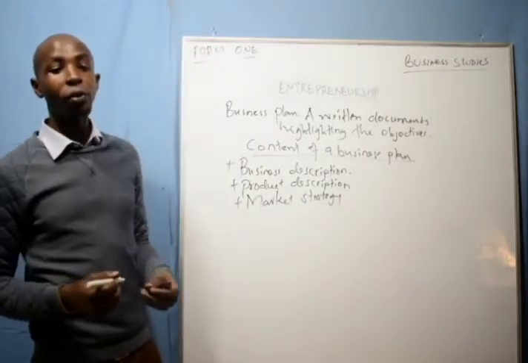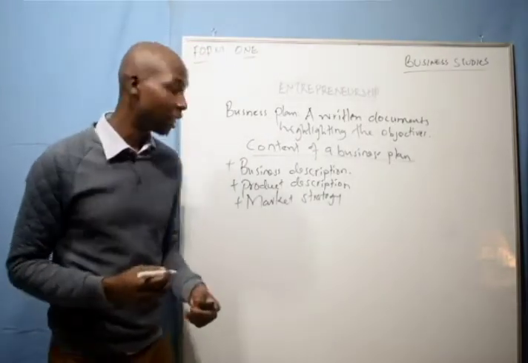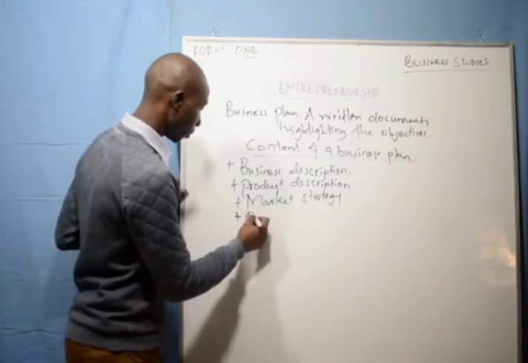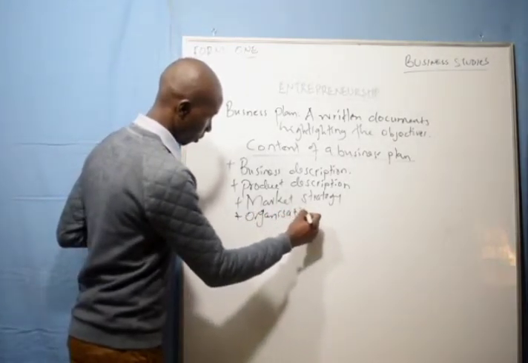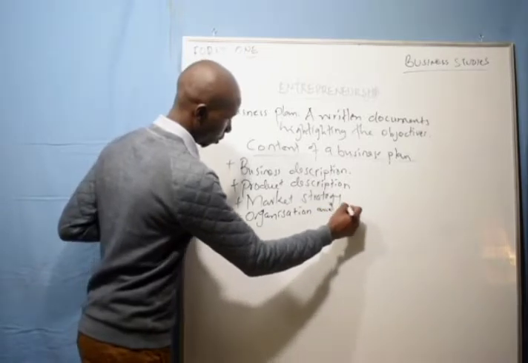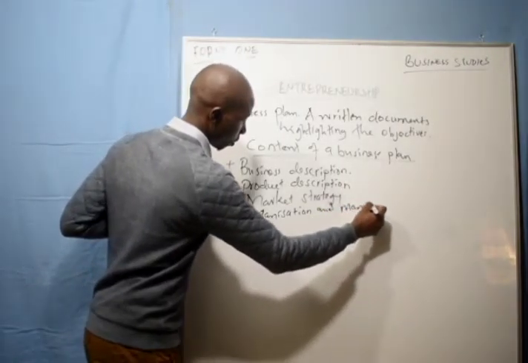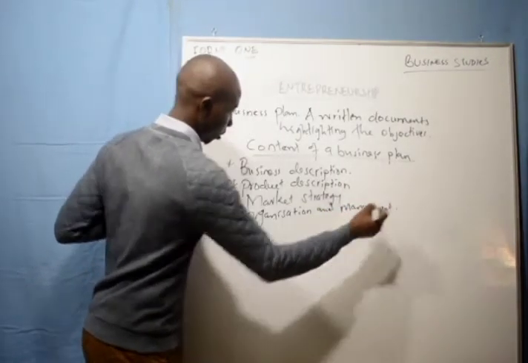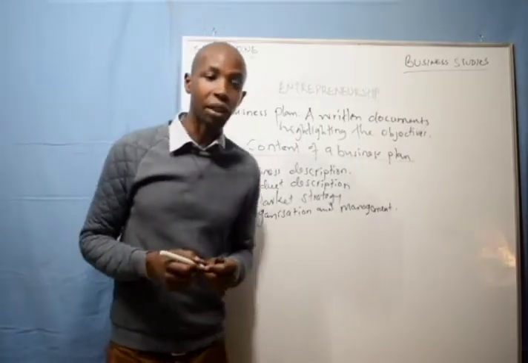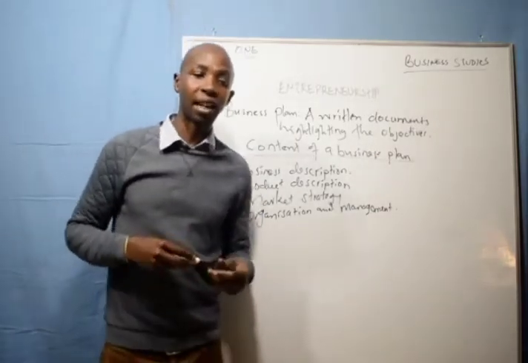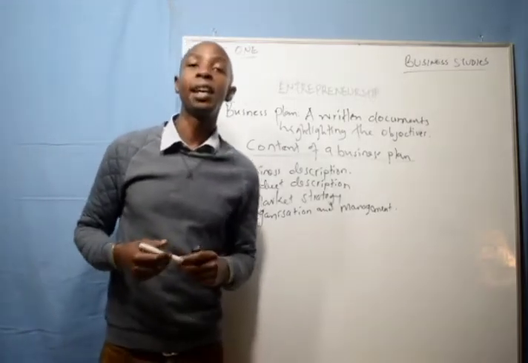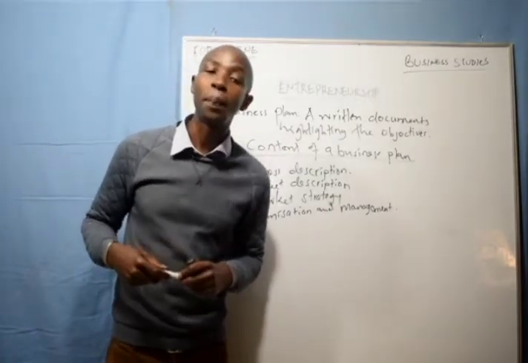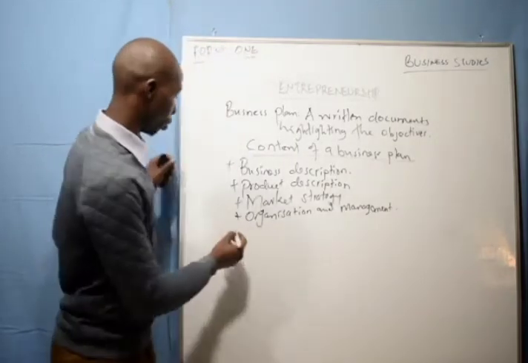Then we have the fourth one, which is called organization and management. So in organization and management, it will highlight the personnel and what each and every person will be able to do in their business. We also have the operations and production.